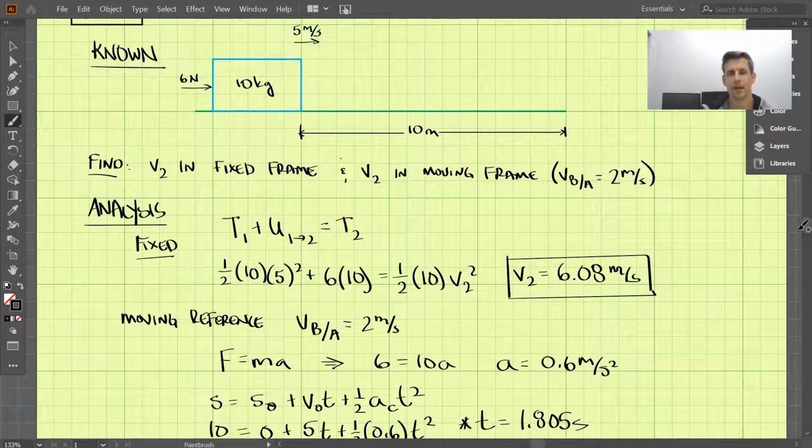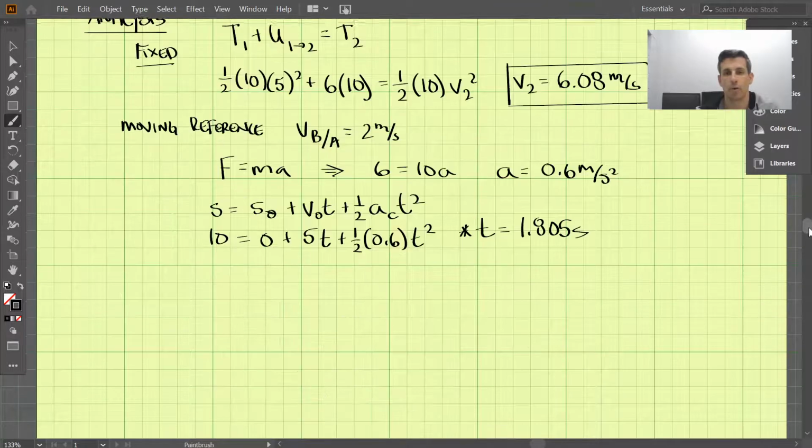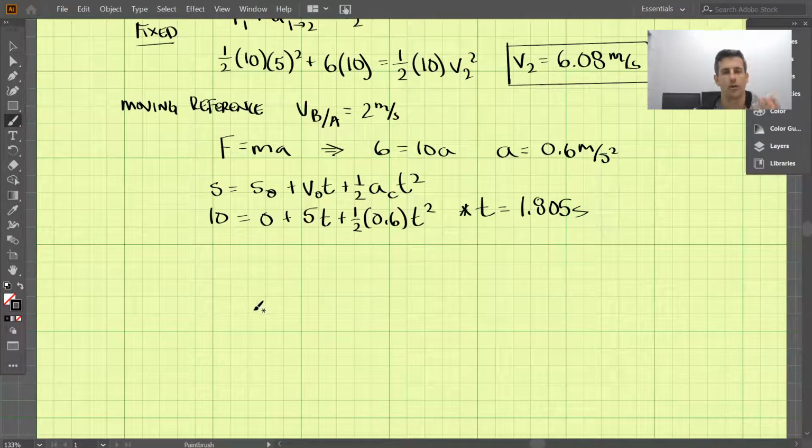Okay, so why do we need to know that? Well, in a moving reference frame, if we're an observer moving along with this block, it's not going to appear like the block moves a full 10 meters, because we're also moving. So we need to convert this into our reference frame. How far are we going to move as an observer on this cart?